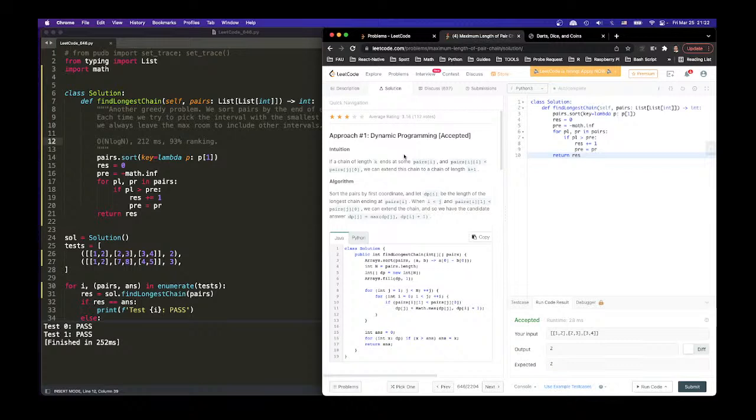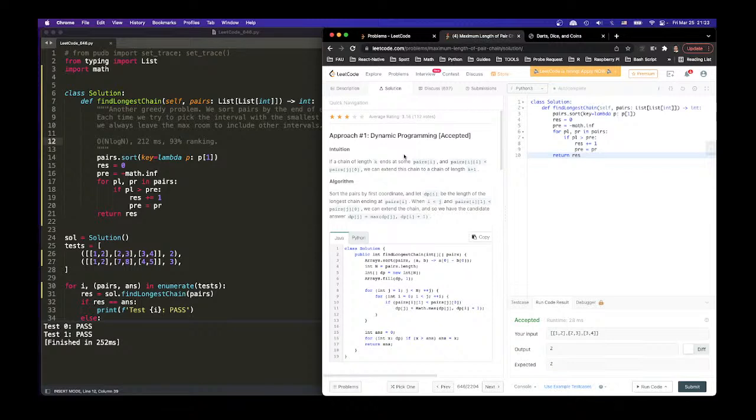We can extend to K plus 1. Let dp[i] be the length of the longest chain ending at pairs[i]. dp[i] is the longest chain.